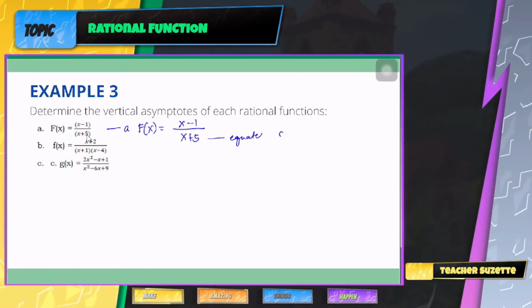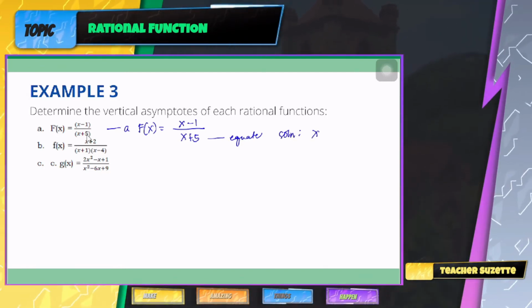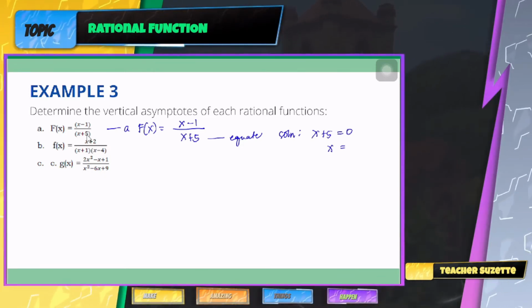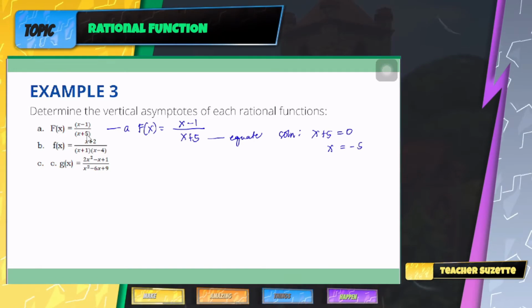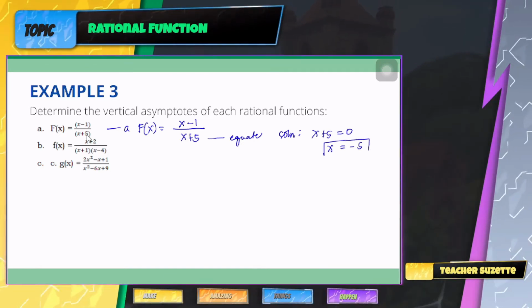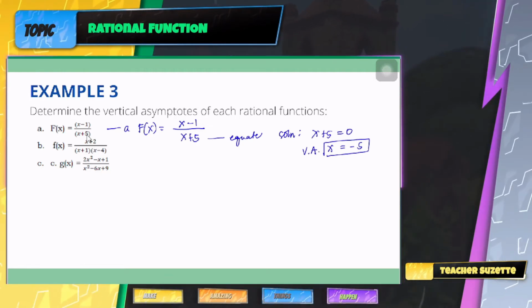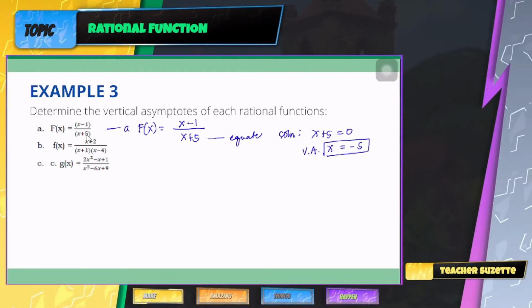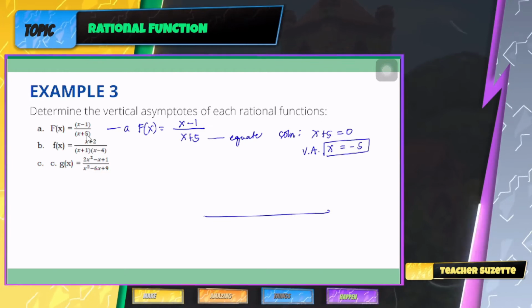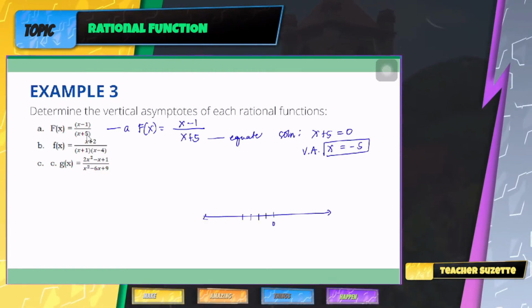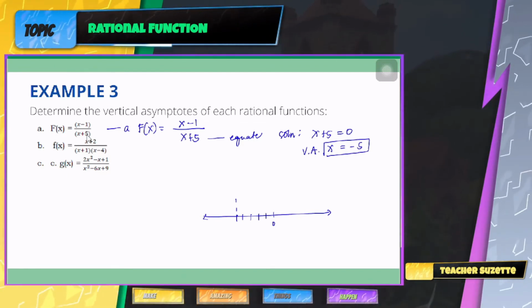So, the solution: x plus 5 is equal to 0. Therefore, x is equal to negative 5. This is now our vertical asymptote, x is equal to negative 5. If you have an x-axis, this is your origin, then 1, 2, 3, 4, 5, so we have that imaginary line.